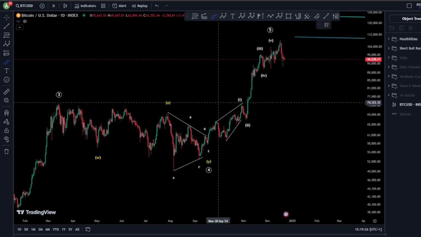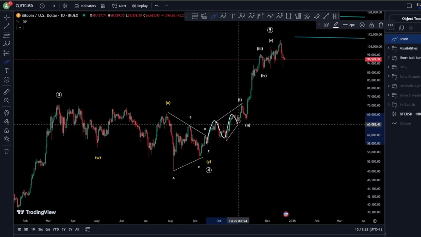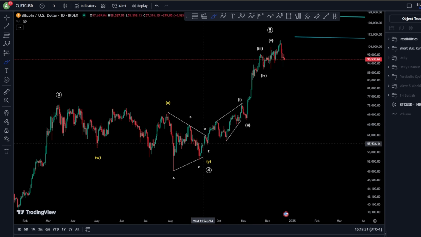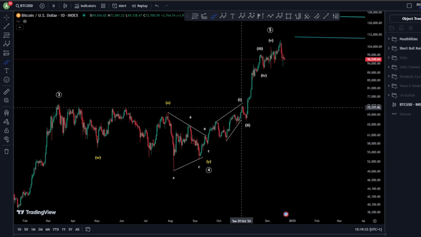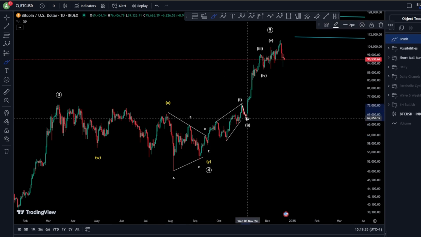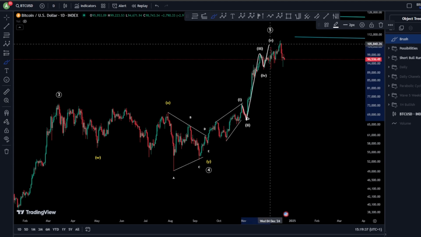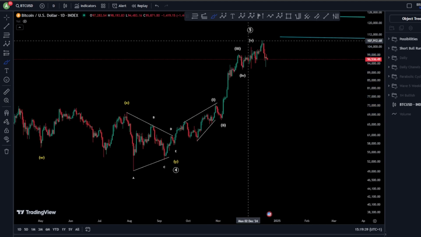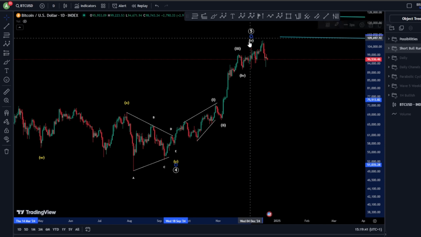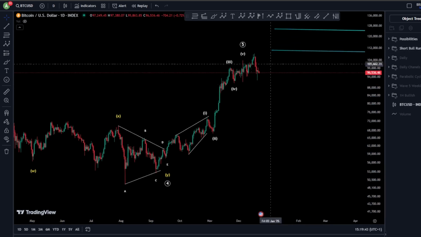And you got kind of 1, 2, 3, 4, 5, a contracting diagonal for your wave 1, and then a wave 2 here, and then 3, 4, and a 5. In that case, you might have finished your wave 5 for this impulse, and you might start to look towards the downside.